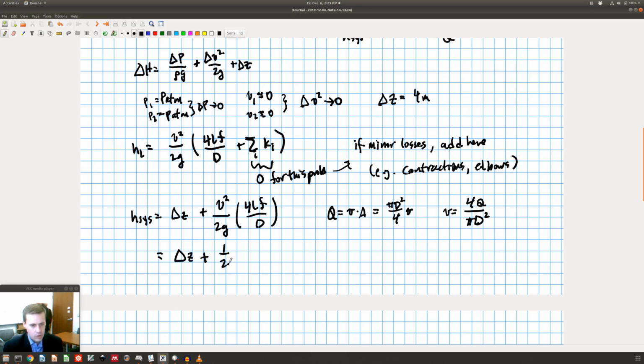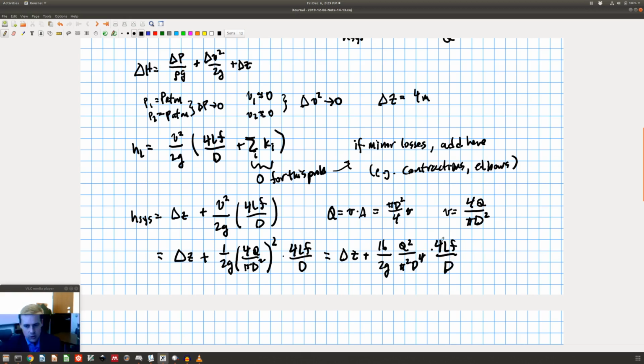I'm going to have 1 over 2g multiplied by 4Q divided by pi d squared, squared, multiplied by 4LF divided by D. So multiplying that out, I get delta Z plus 4 squared, which is 16, divided by 2G, and then I get Q squared, pi squared, D to the 4th, and then I have another 4LF divided by D. Okay, so 2 and 4 cancel, and 16 times 2 is 32.